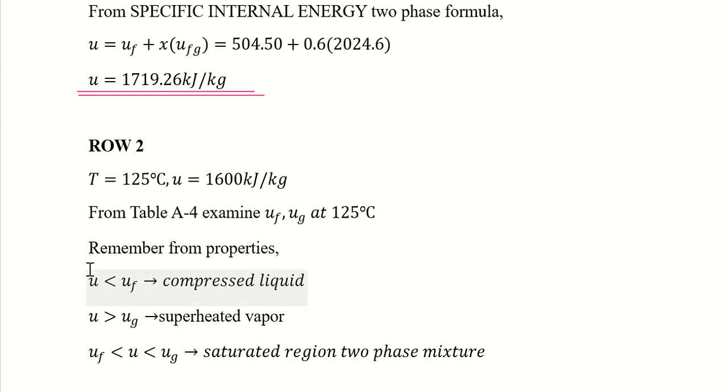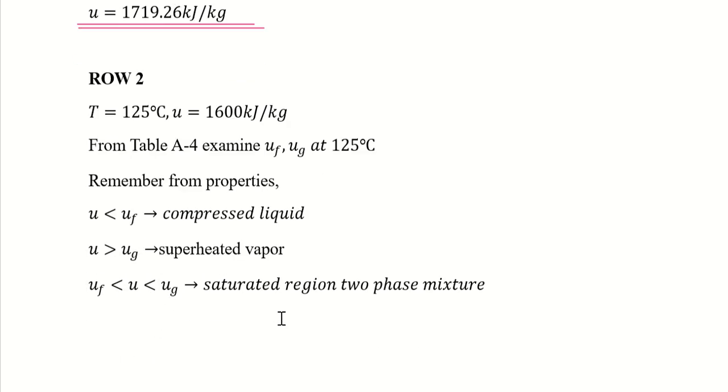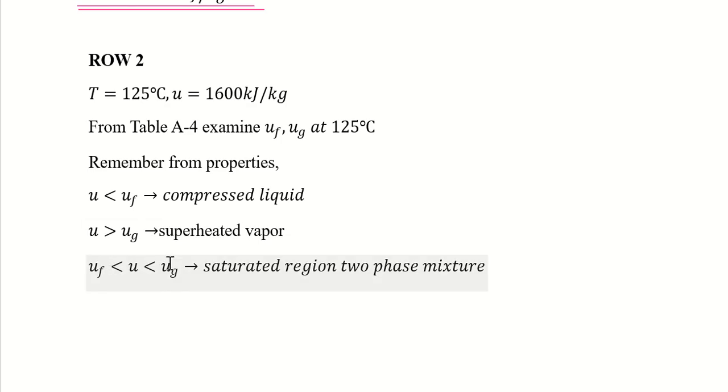Once the internal energy that has been given is less than the specific energy of the liquid phase from this table, that means you're dealing with a compressed liquid. Once it is greater than the specific energy of the vapor phase, you have a superheated vapor. And once it lies in between the two, you're dealing with a saturated two-phase mixture.